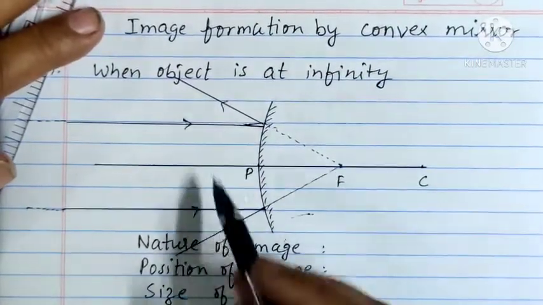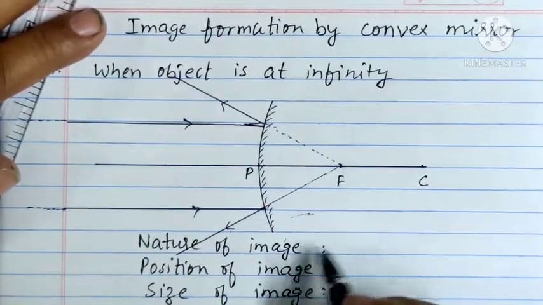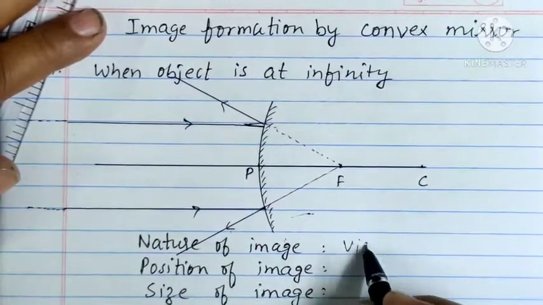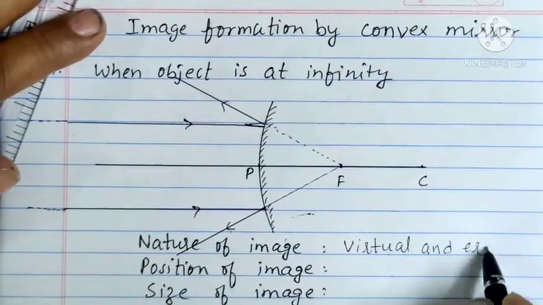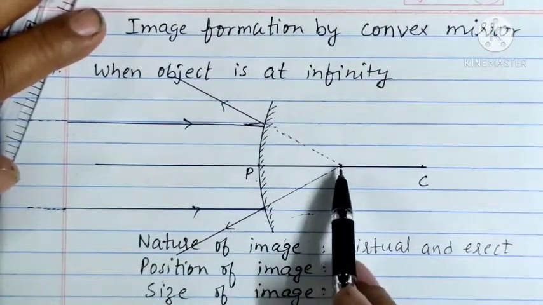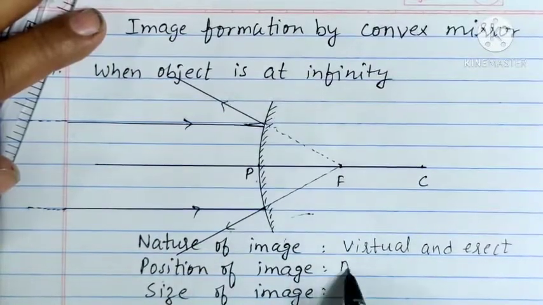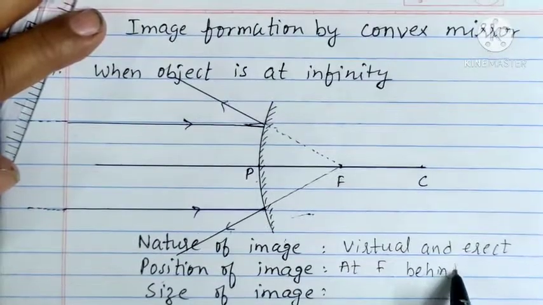Since these two rays are not actually meeting, the image formed is virtual. So the nature of image in this case will be virtual and erect, and the position of image is at focus behind the mirror, at F behind the mirror.